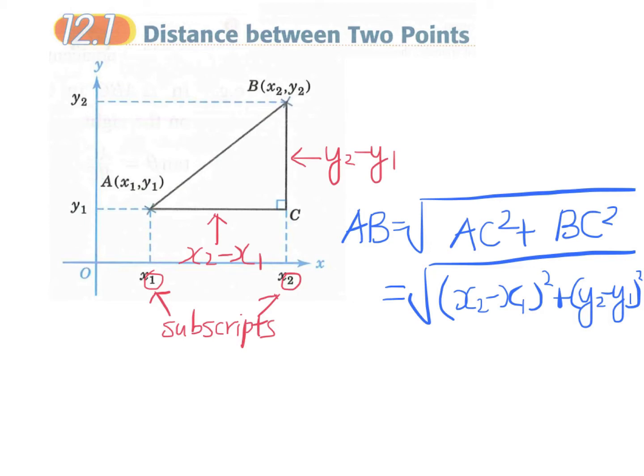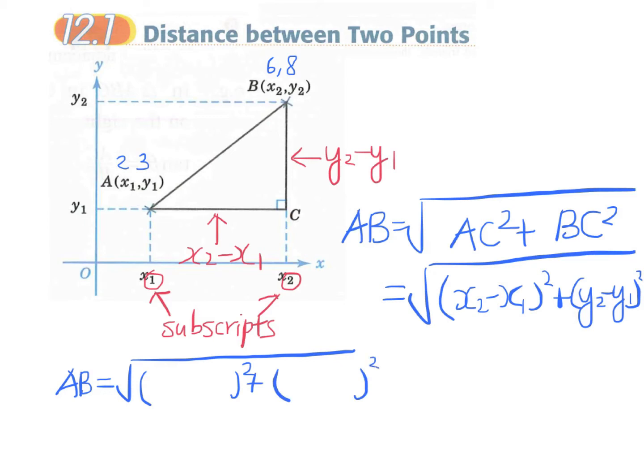Therefore, if point A is 2, 3, and point B is 6, 8, then we can immediately apply the distance formula to find the length of AB. We first write the formula in this way. And then we subtract the x coordinates. That is 6 minus 2, and then taking square.